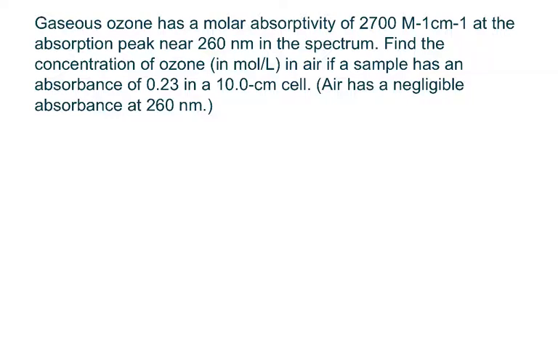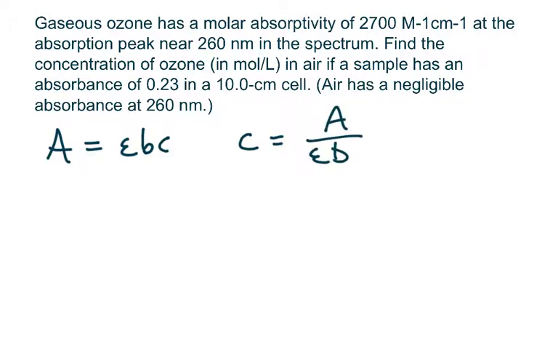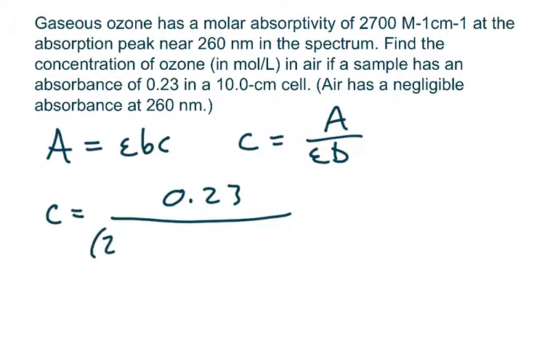Okay, so we start with Beer's law, and we're solving for concentration. And we have all of these terms: 0.23, unitless, and 2,700 per centimeter per molar times 10 centimeters.